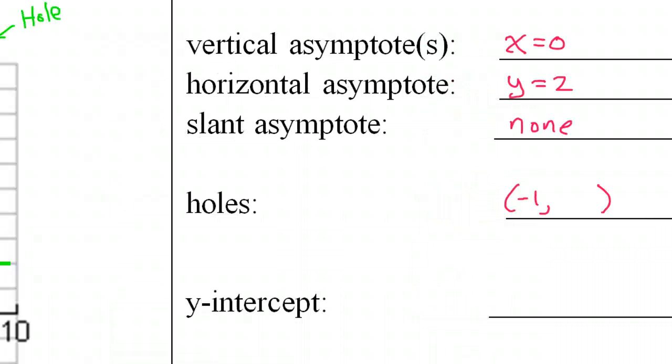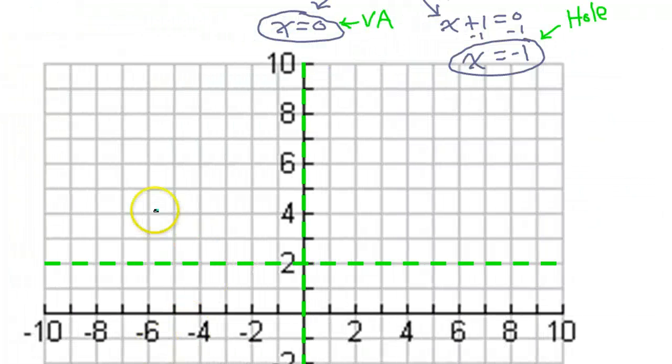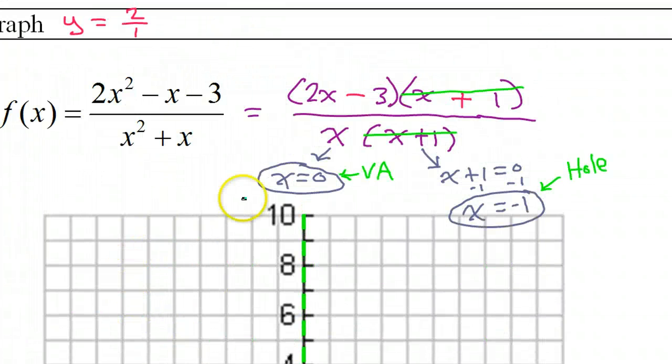So, to find the y value, I need to put the part of the function that did not cancel out into my calculator and see what the y value is at -1. Or, you know, I could manually put -1 in for x, same thing. But I'm going to use the calculator.